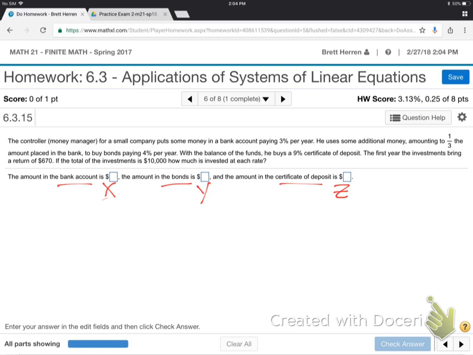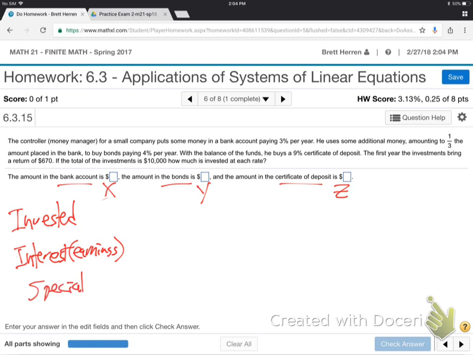Is that good so far? Okay, so let's give it a try here. The controller for a small company puts some money in a bank account paying 3%. Now, one of the equations is going to be the invested amount. The next is going to be the interest or the earnings, however you want to think of that. And then the third one's going to be special.